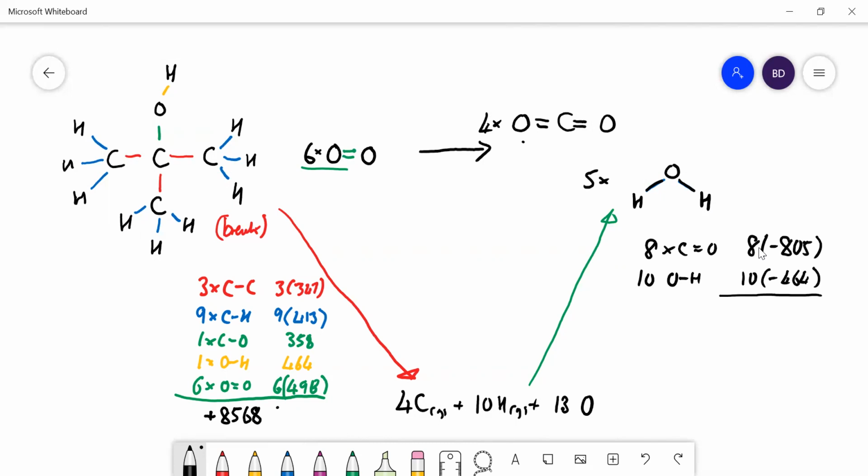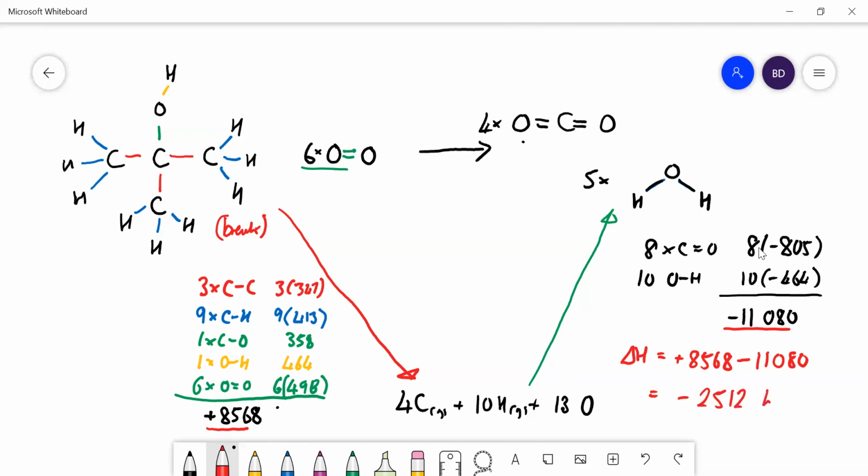Add all that up together, we get minus 11,080. Right, now delta H is going to be plus 8568 on the left hand side, plus this negative number, minus 11080, and that gives us a final answer of minus 2,512 kilojoules per mole.